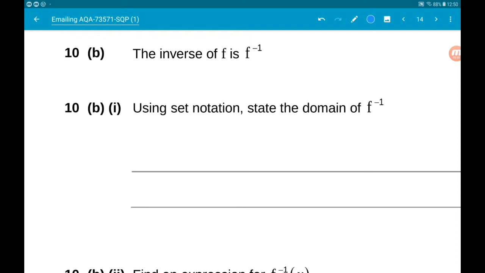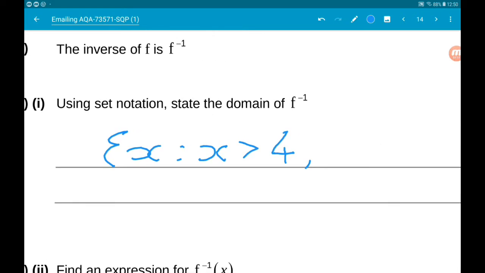So the domain of f minus 1 is x, such that x is greater than 4, and again, we also need to say that x is an element of the reals. Cool.